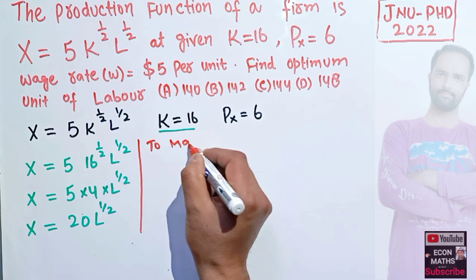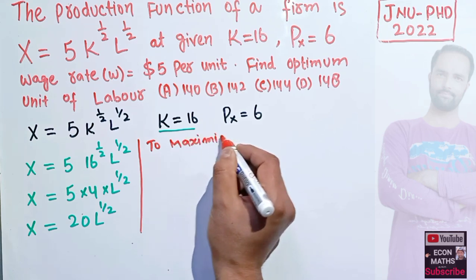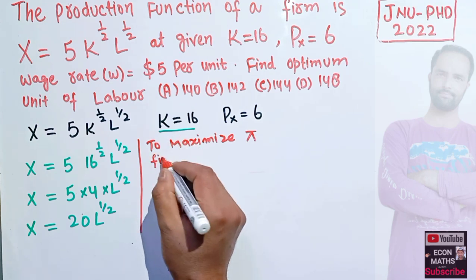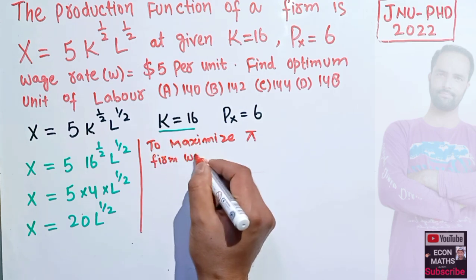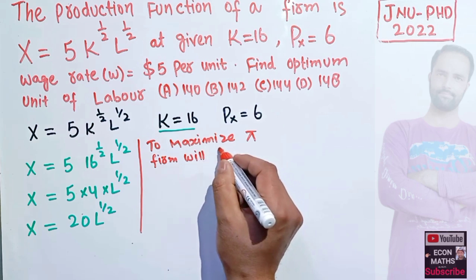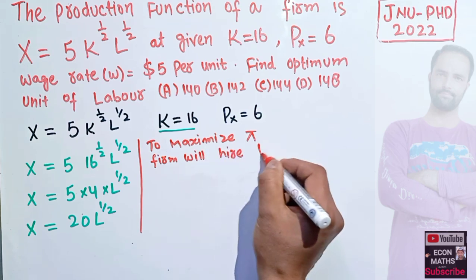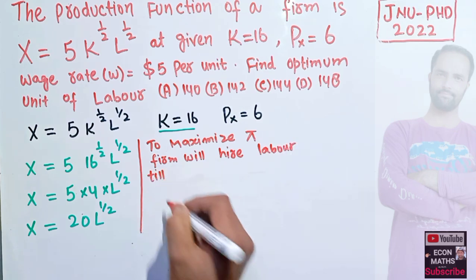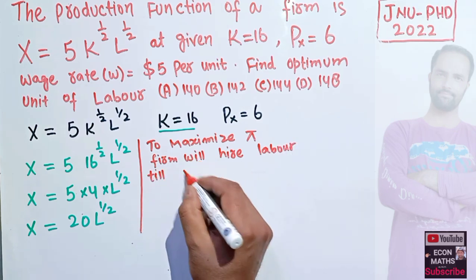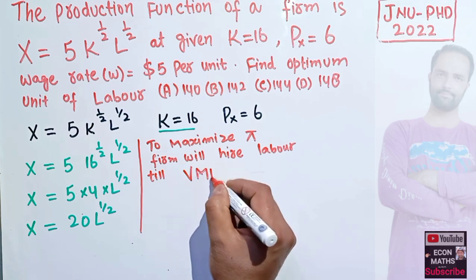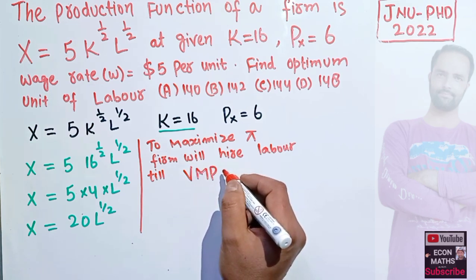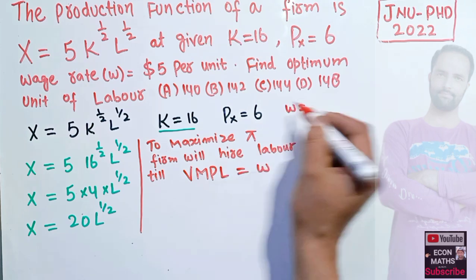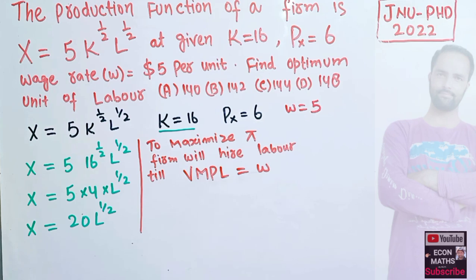To maximize profit, the firm will hire labor until the value marginal product of labor is equal to wage rate, and wage rate is being given as 5 here.